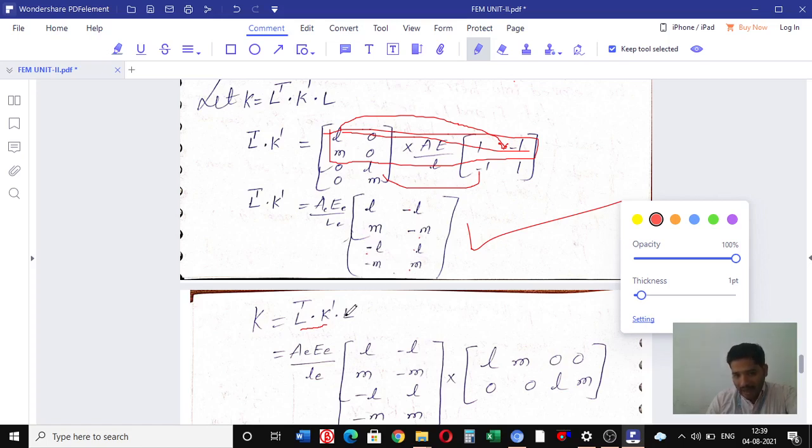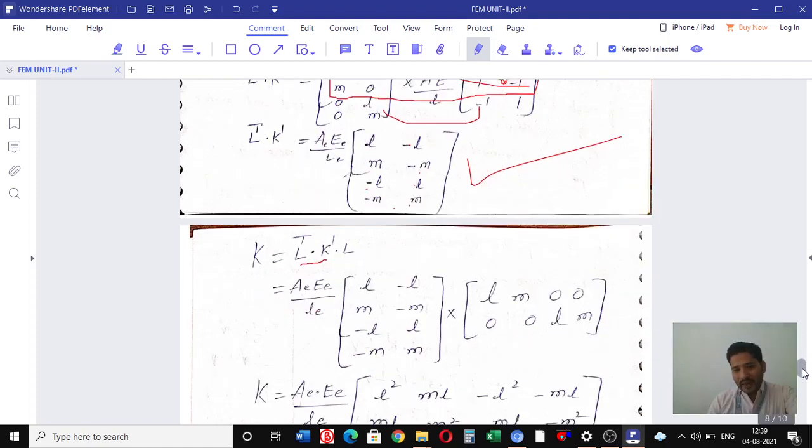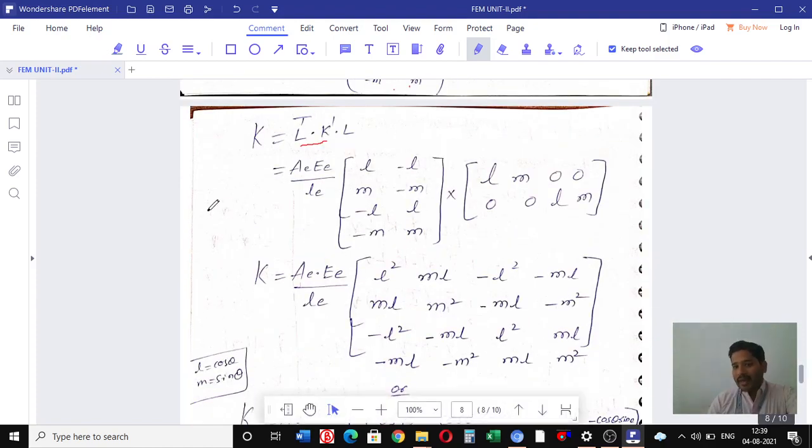We got it. And this L is nothing but the transformation matrix, with the value L, m, 0, 0, 0, 0, L, m. Again we need to multiply this term, this AE by L.